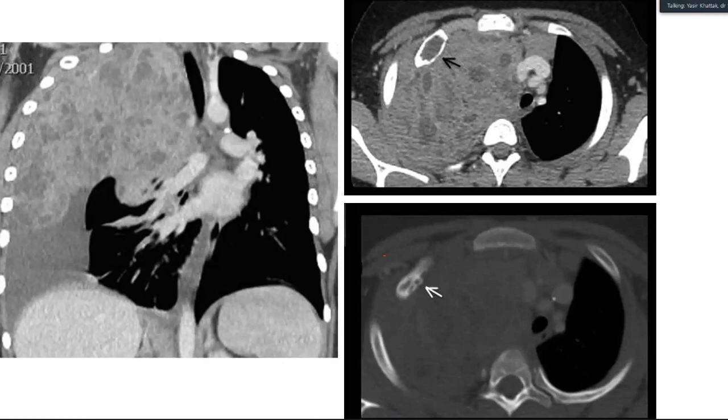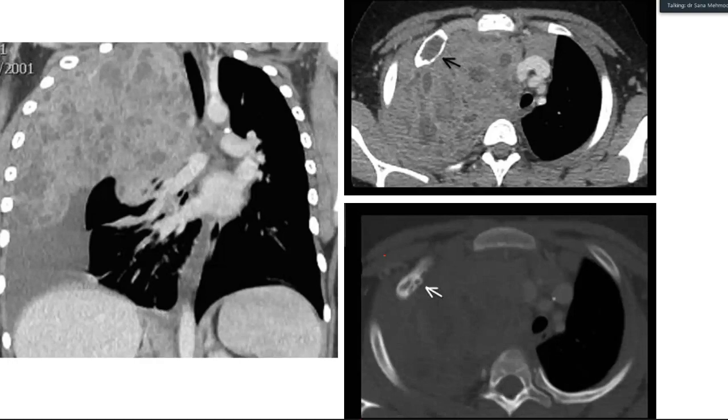This is a CT scan of the same child. You see it? Yes, sir, I can appreciate it. These are coronal and axial CT images in the bone window. There appears to be an aggressive-looking lesion occupying the right upper and mid chest, which appears to be extrapulmonary to me, with effusion and erosion and destruction of the underlying ribs, and extension into the intercostal muscles is also appreciated.